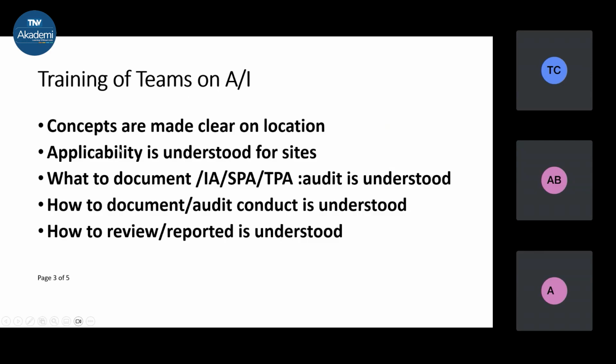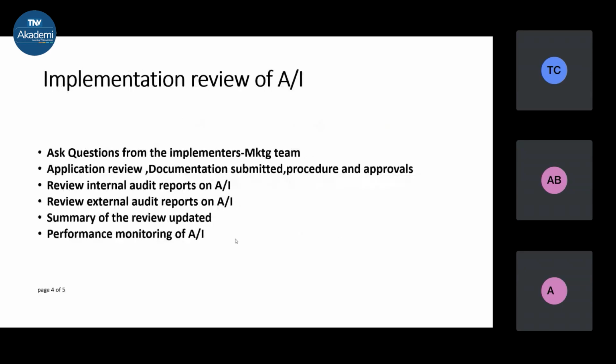All these concepts should be made clear, specifically on locations, on sites, what to document, whether the information is given or not, and how auditing is to be related with that. If these concepts are clear, then the teams are trained and they do a good job in the application and inquiry form filling and reviewing.